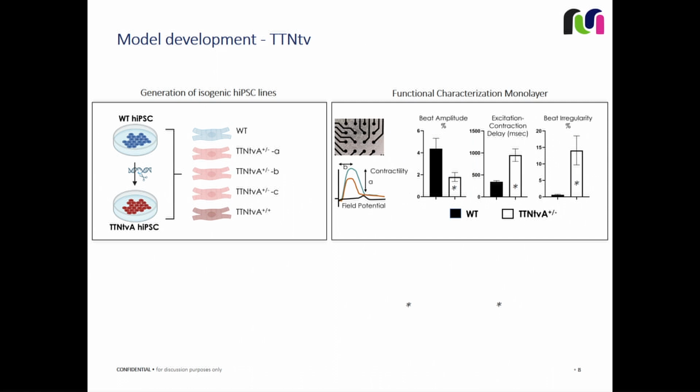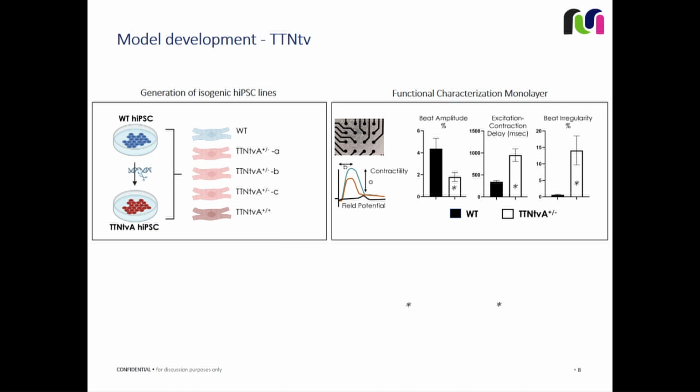We're using a non-invasive method, and we plate our cardiomyocytes between 40 and 60 days of differentiation on an MEA system, which allows us to evaluate electrophysiology, contractility, conduction velocities, impedance, and so on.